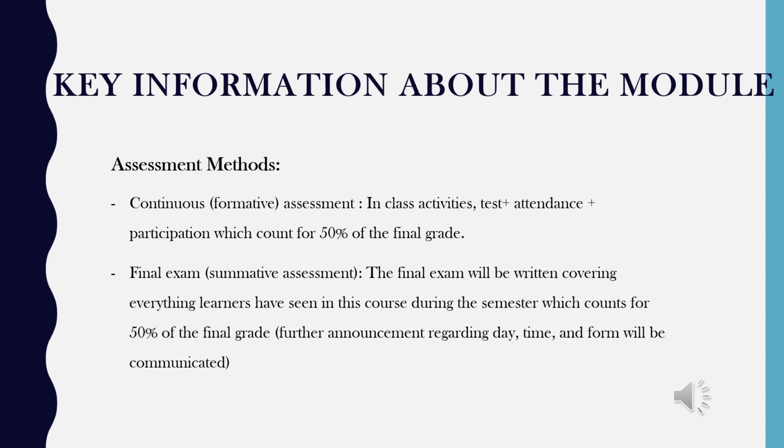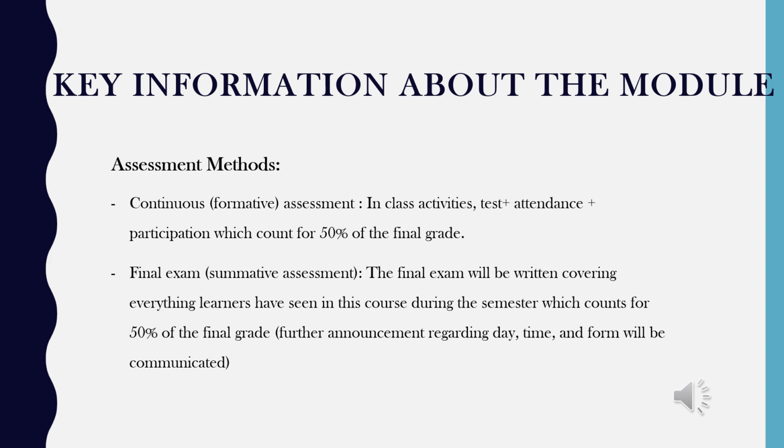Regarding the assessment methods that are going to be used in this module, there are two types. First is the continuous formative assessment, which is basically done in class activities, tests, attendance, and participation. All of these count for 50% of the final grade. The second assessment tool is a final exam, or what is also called summative assessment.